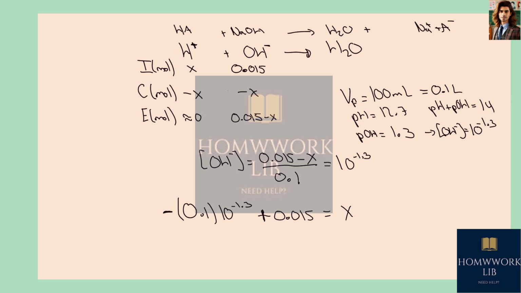So the final result for X using this is going to be 9.98988 times 10 to the minus 3, or approximately 1 times 10 to the minus 2. And this is the amount of moles.